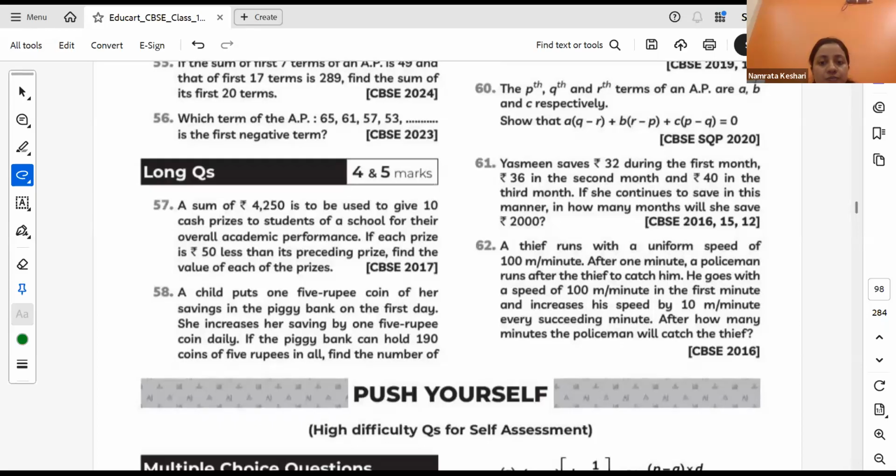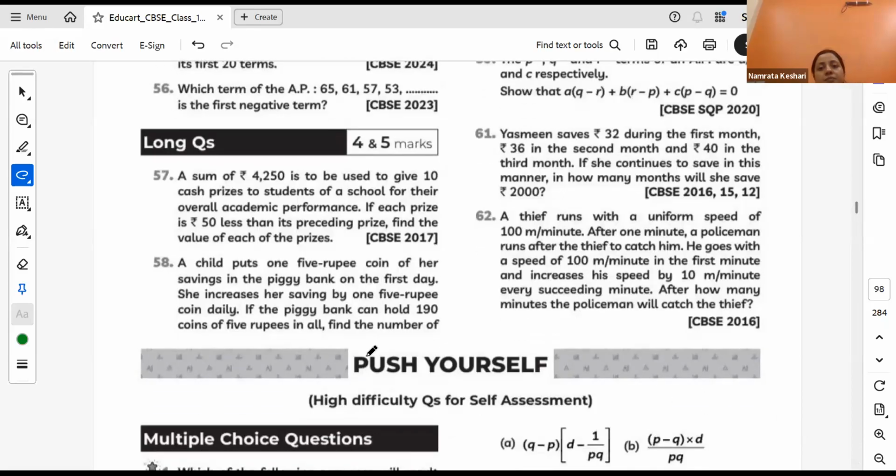Question number 62. Try understanding it. Take your time and then I'll explain it.